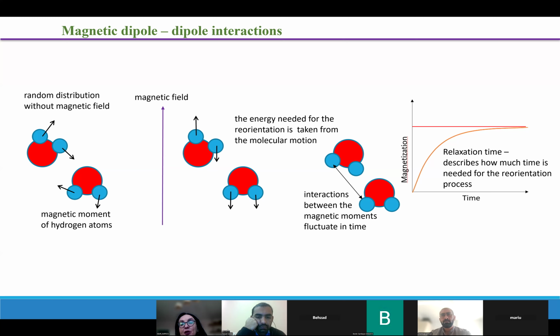The dipole-dipole interactions between magnetic moments of different protons from the same and from different molecules stochastically fluctuate in time because the molecules move.